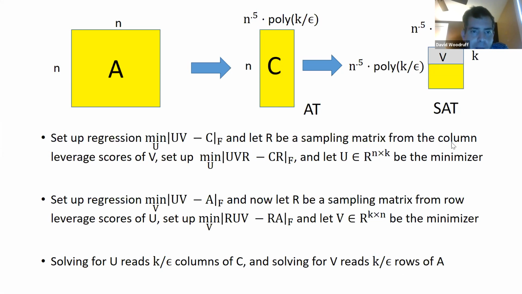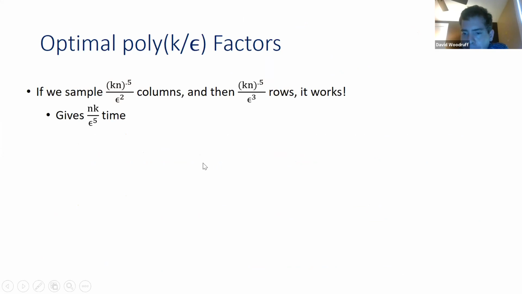Okay. So that was the initial algorithm in the first paper with Musco. And in the follow-up work, we really wanted to get optimal poly K over epsilon factors. If epsilon is fairly small, like 1 over n to the 1/3 or something, the algorithm's not so good.